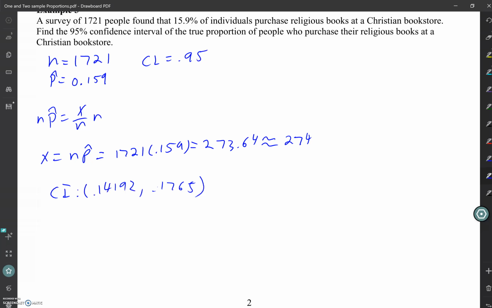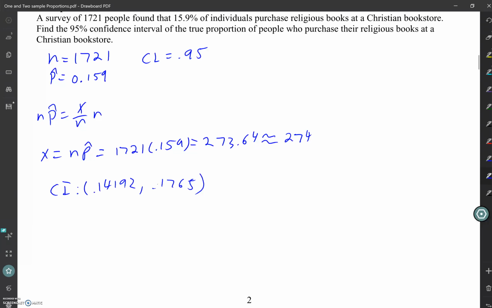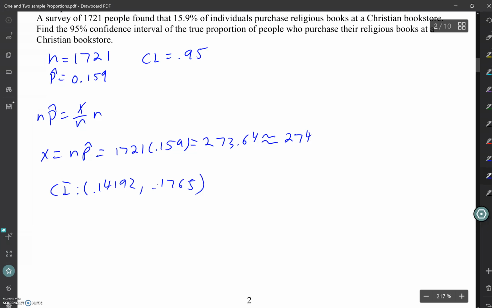When I talk about it, I want to turn it into percent. And what would we say about this interval? We are 95% confident. Confident of what?